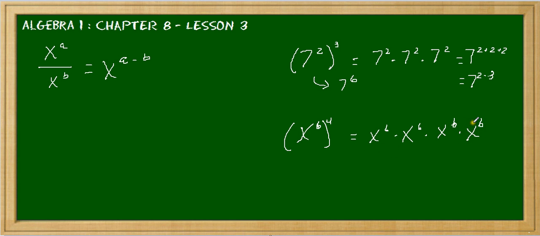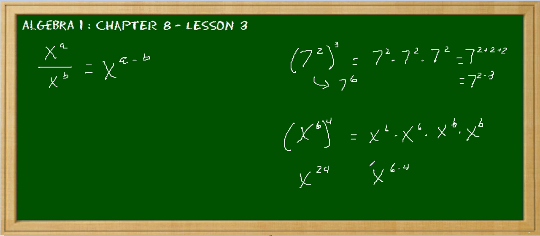We can add them up and say 6 plus 6 plus 6 plus 6, which is 24, or we can express it as x to the 6 times 4, right, because there are 4 of them, and that would give us x to the 24th power, which is the answer.